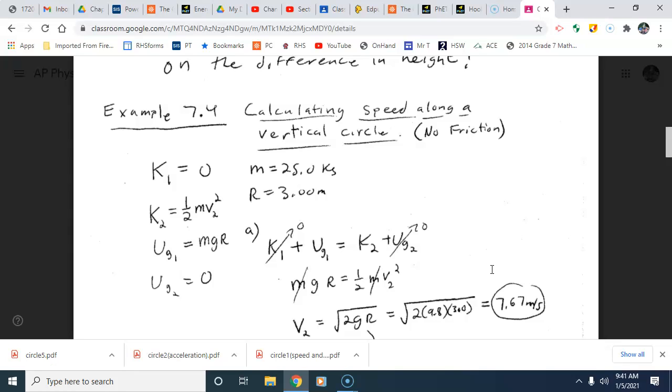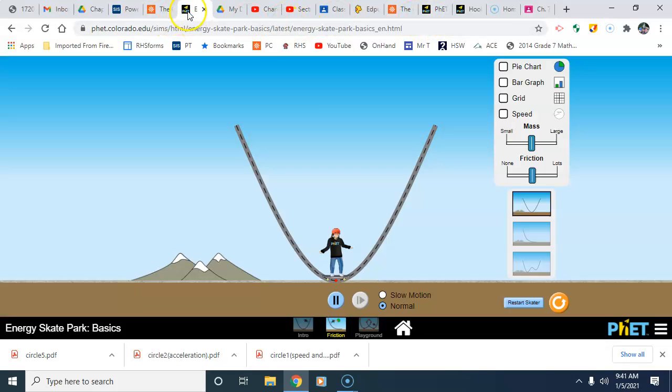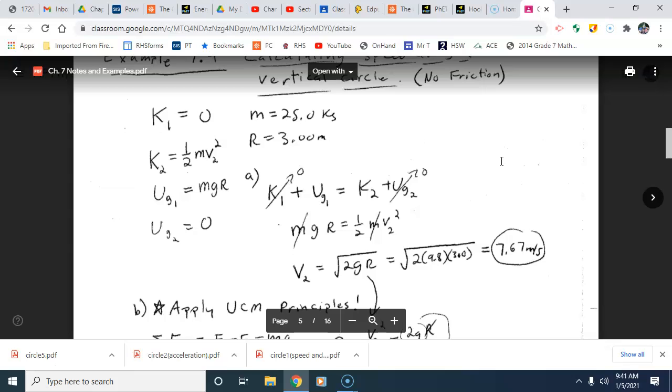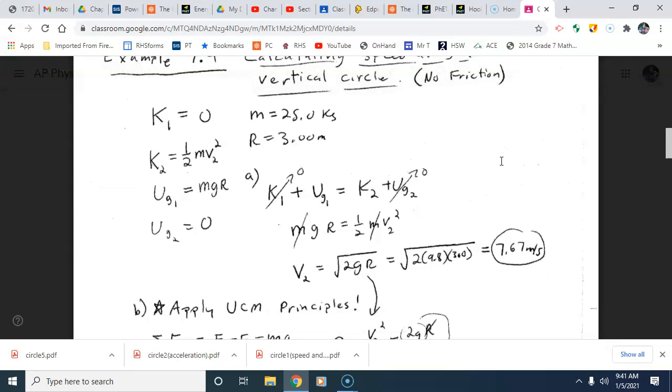All right, it does say it's frictionless, so it's kind of like a ramp like this. It's more circular than elliptical, but it's the same idea. So we're basically being released, and we want to find the speed down here, right? As long as friction is ignored, we could just use the version of conservation of energy without any work other in it, if we're ignoring air resistance and friction.